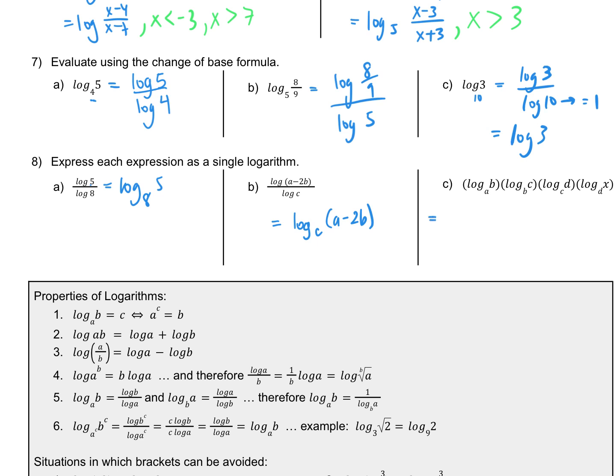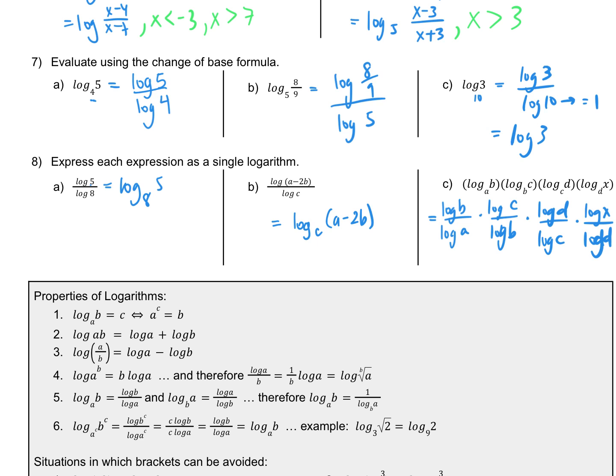And for c, I'm going to do my change of base for each one. And you might be asking, how is this going to turn into a single expression? Well, you'll see. So the first bracket will be log b over log a times log c over log b times log d over log c and times log x over log d.